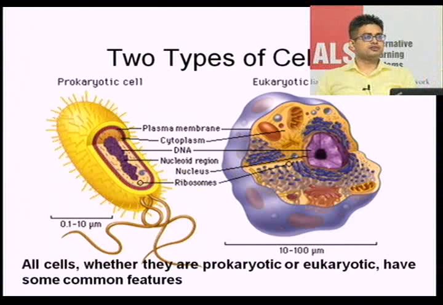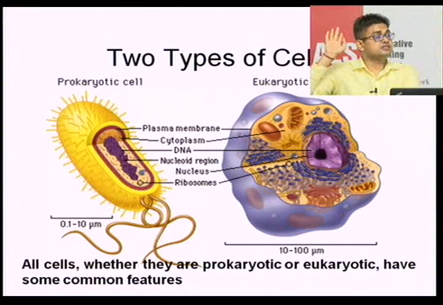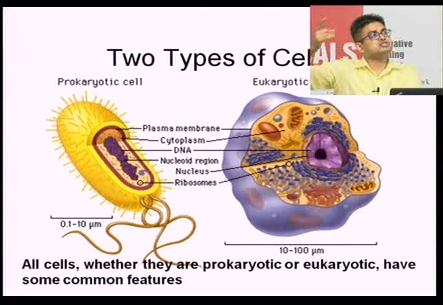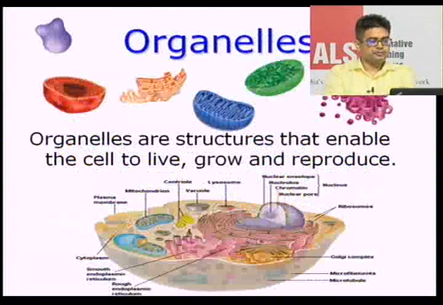The eukaryotic cell, right? The eukaryotic cell is larger, and it is much larger than what is shown in this picture. You can say the prokaryotic cell is about the size of the mitochondria of eukaryotes. This is the difference in size. The eukaryotic cell is very much larger. The prokaryotic cell is very much smaller.